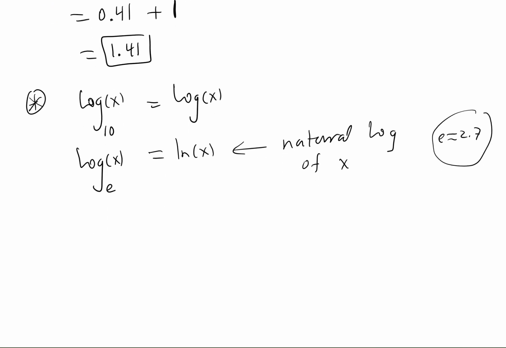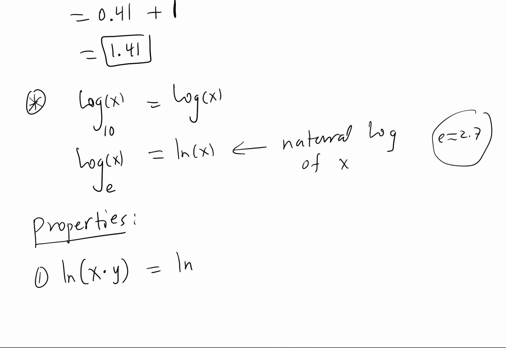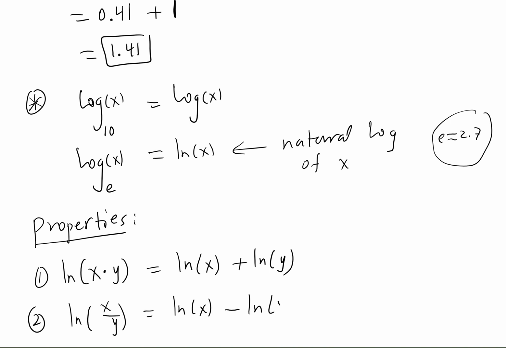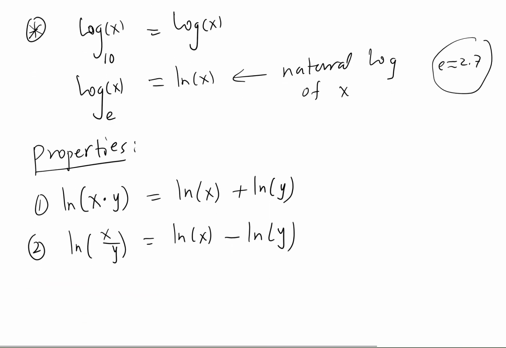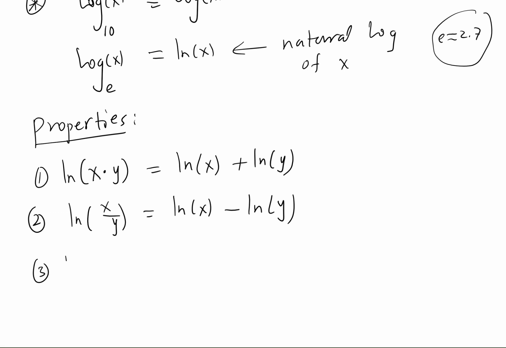Now this function, the natural log, has properties which are similar to the log functions. Natural log of x times y is natural log of x plus natural log of y. 2. Natural log of x over y is natural log of x minus natural log of y. 3. Natural log of 1 is 0.